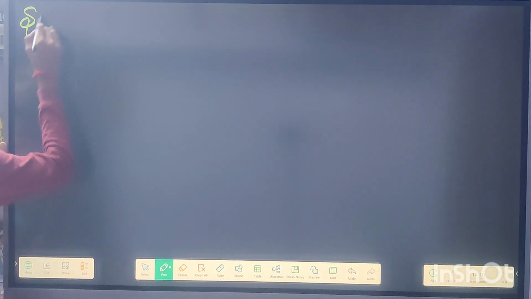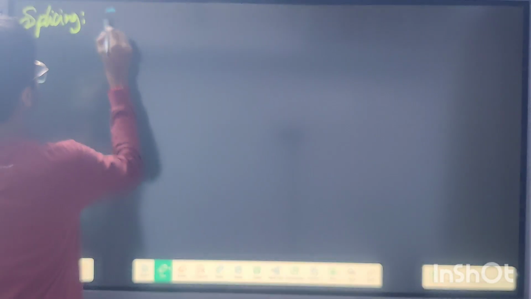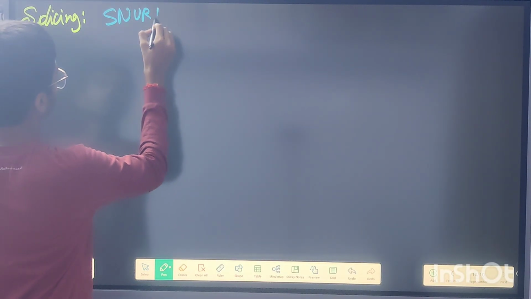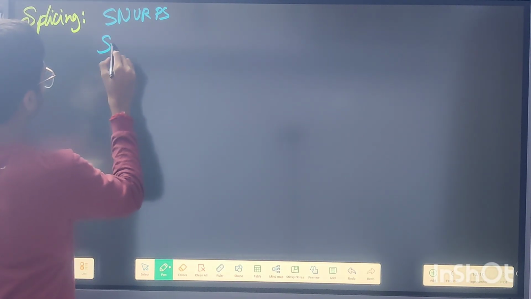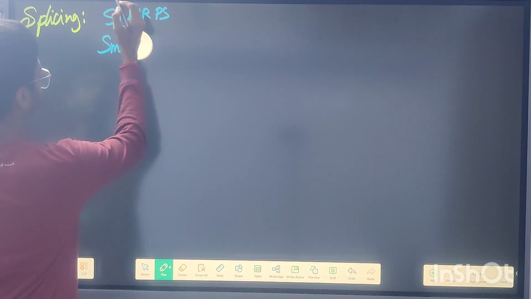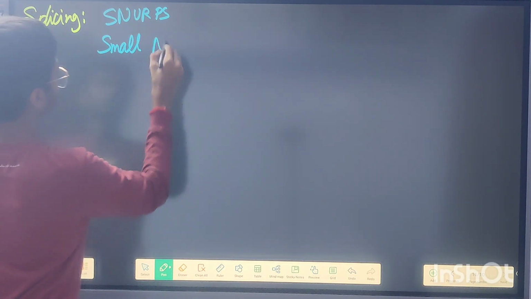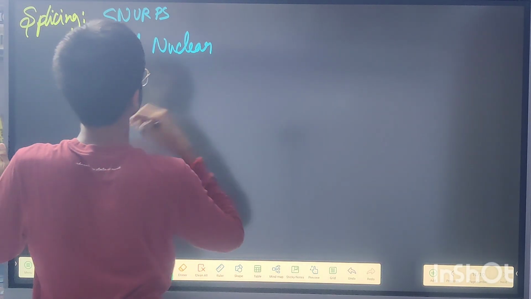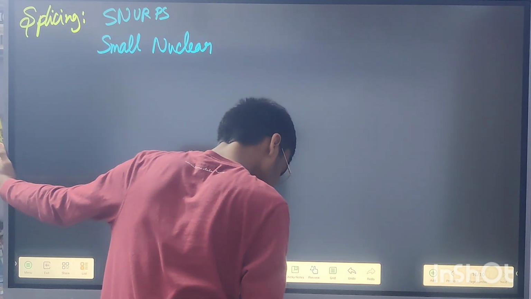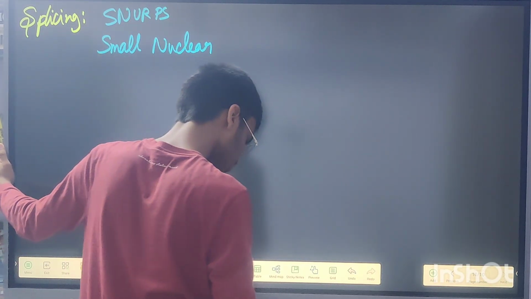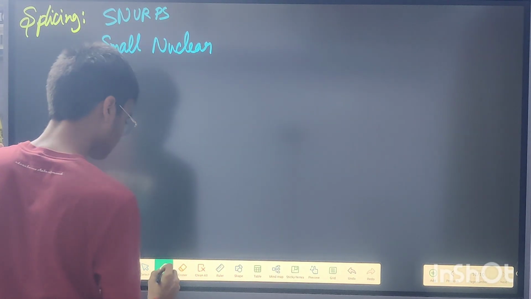Okay. So in the process of splicing, which enzyme is here? We are having SNPs. SNPs means small nuclear, SNR. Sorry, U will not come, just S. SNP.